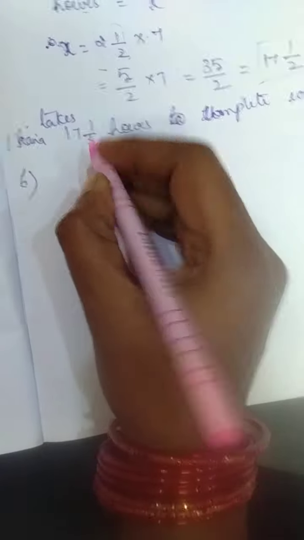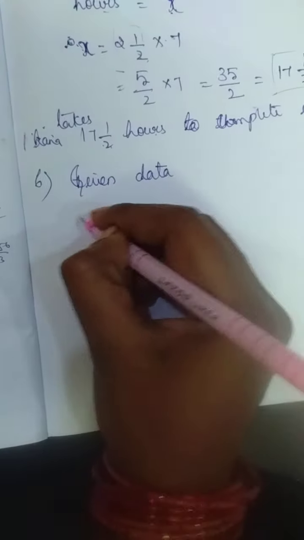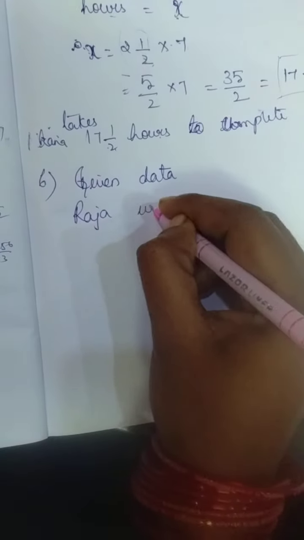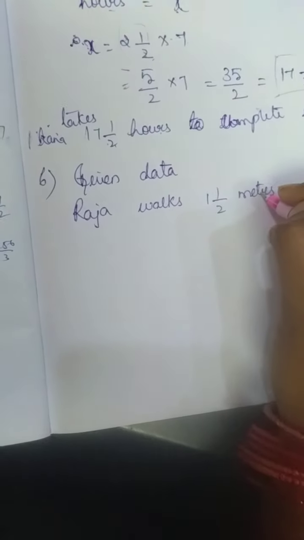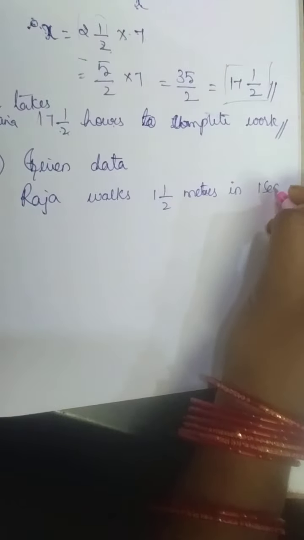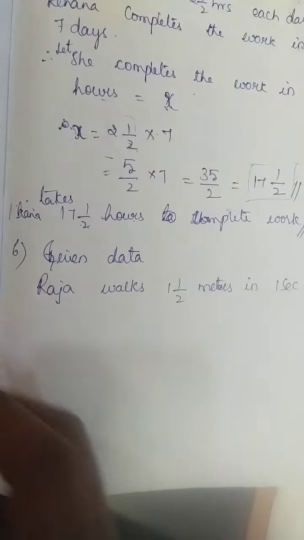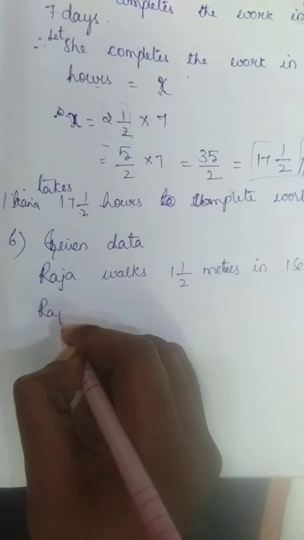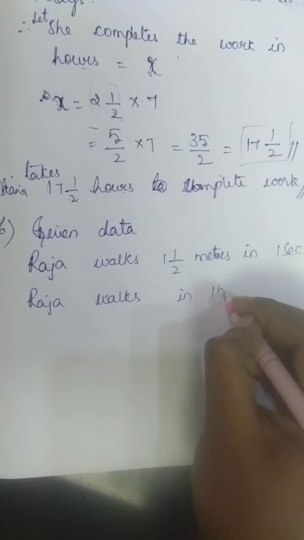Okay, I will tell you this question. See, write down the given data. Sixth one: Raja walks 1/2 meters in 1 second. Now Raja walks in 15 minutes.